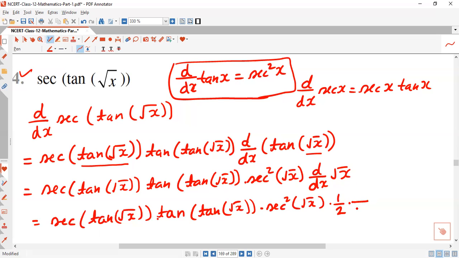This becomes 1 upon 2 root x. This is the answer of this question. So I hope you understand this question.